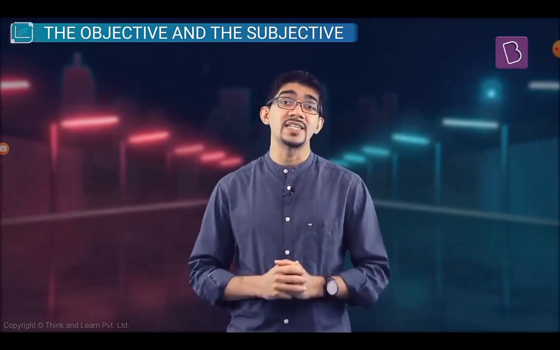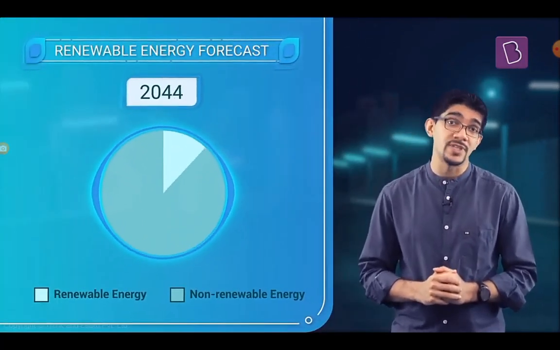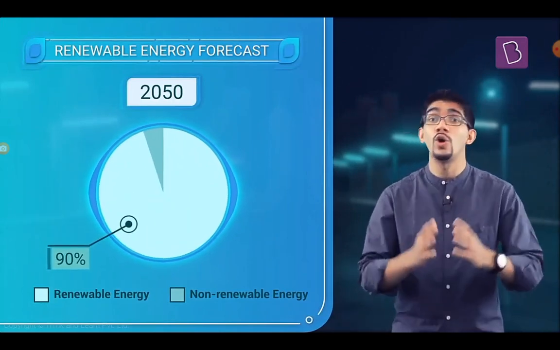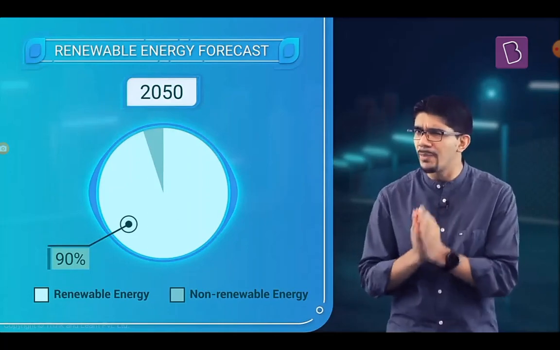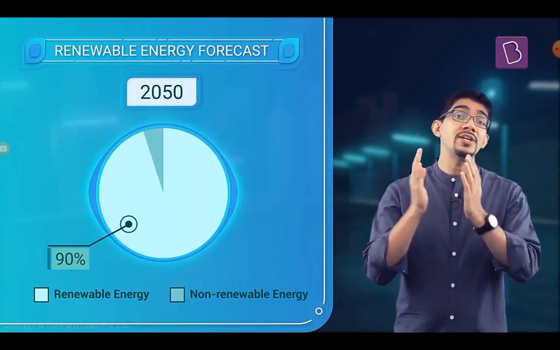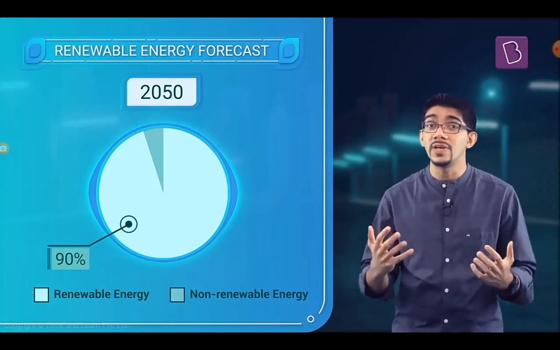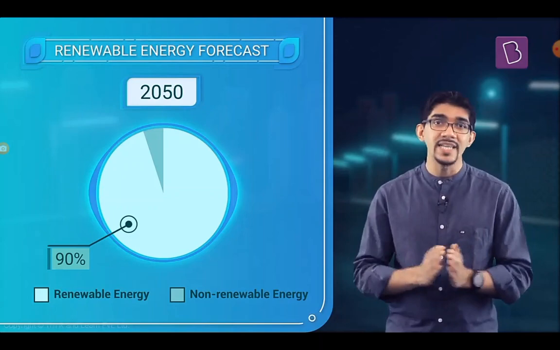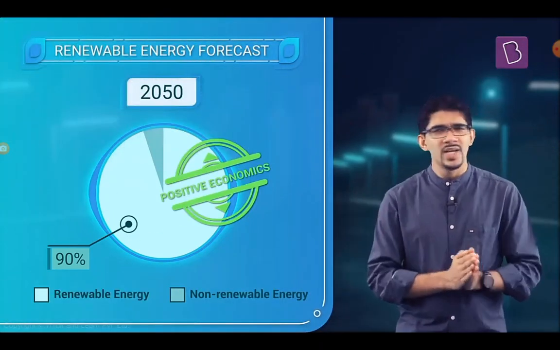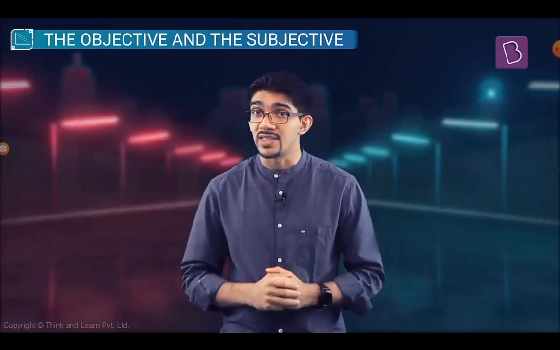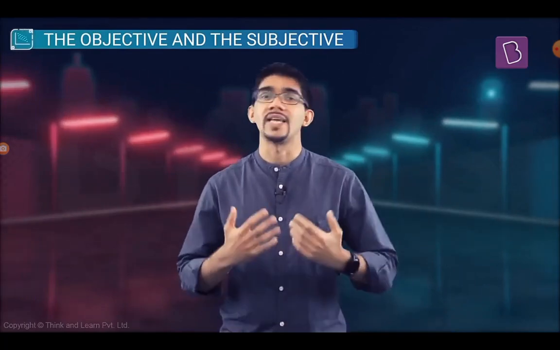For instance, consider the prediction that by 2050, renewable energy will account for close to 90% of all India's energy needs, compared to a bit more than 15% today. This forecast can be compared to future data and either confirmed or disproven. Because a prediction is ultimately testable, it's part of positive economics. Positive economics is quite close to being a science, with testable hypotheses, data collection, proofs, etc.